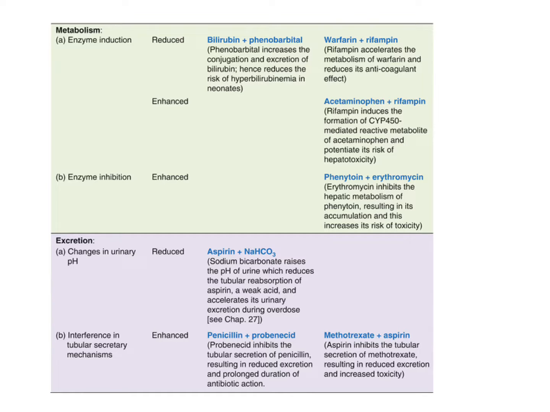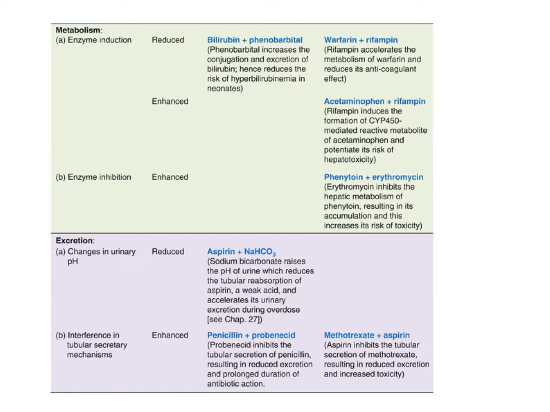Another example is warfarin and rifampicin. Rifampicin accelerates the metabolism of warfarin, and because of that it reduces the anticoagulant effect of warfarin. This is one case of interference where the metabolic enzymes are induced.